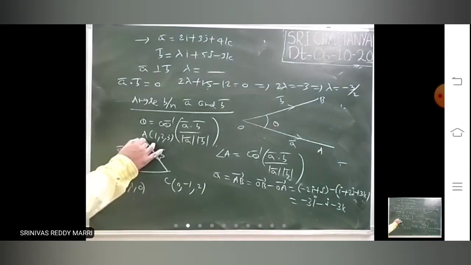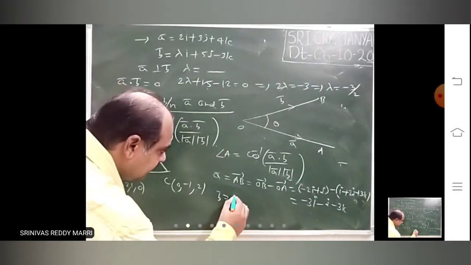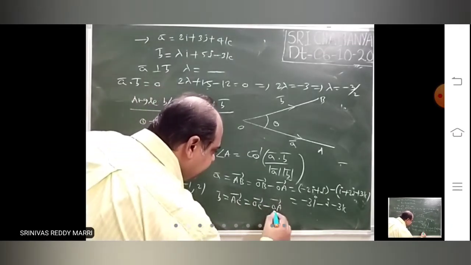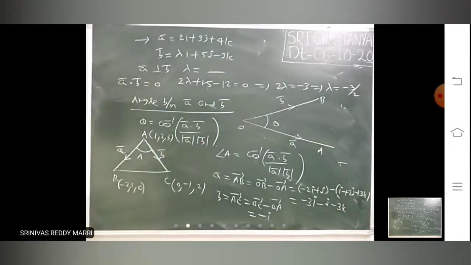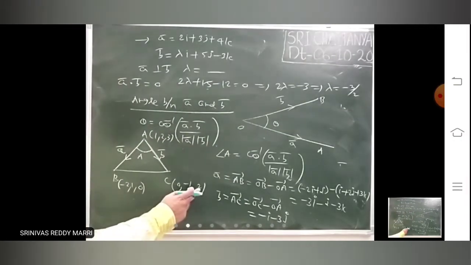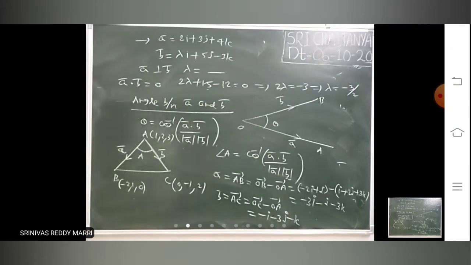So this is A bar. This vector A bar means this side AB bar. Then B bar means AC bar, OC bar minus OA bar. 0i minus i, what you will get? Minus i. Minus j minus 2j, directly you write minus 3j. 2k minus 3k, minus k. So B bar is nothing but this.